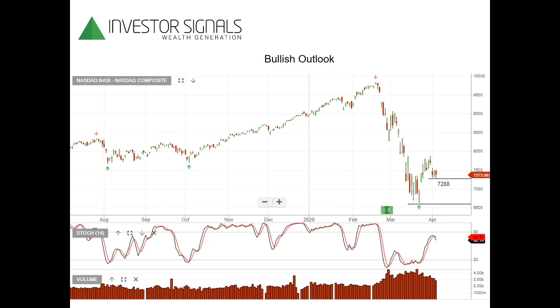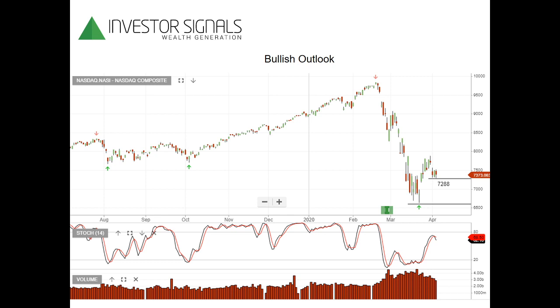The flip side to that is obviously if we are to get through sort of the peak infection periods and global economies can get back to work, as we're seeing in China and Japan and South Korea, maybe the recession's not as deep as that sort of worst case or bear case scenario.